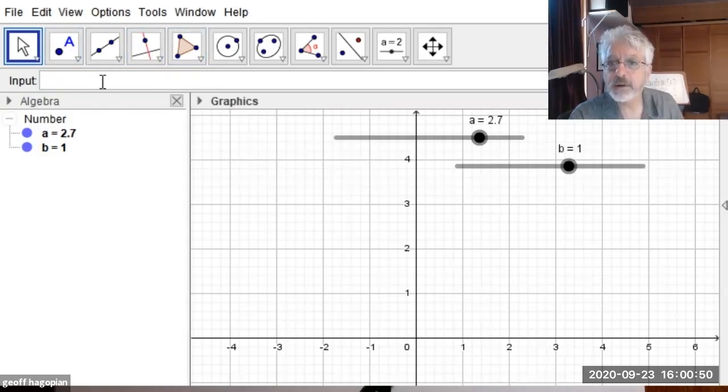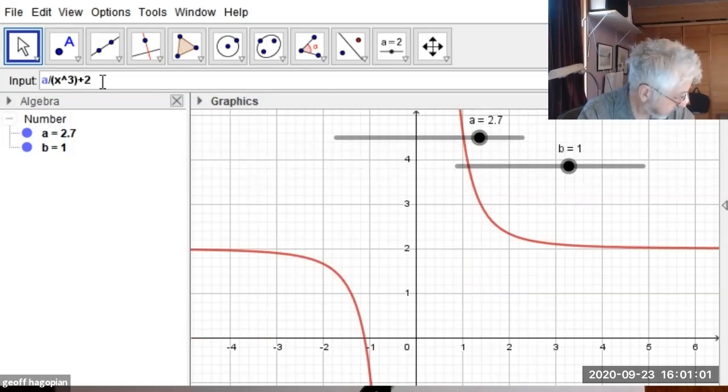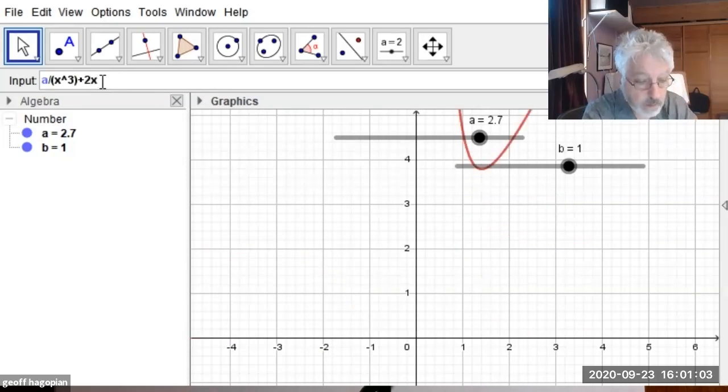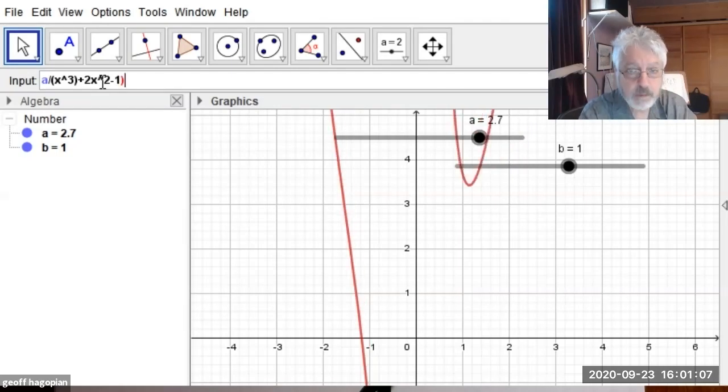So I've got my function, which is now going to be a divided by x cubed plus 2x squared minus 1, right? Okay, that's the first term. It's made that red, right?